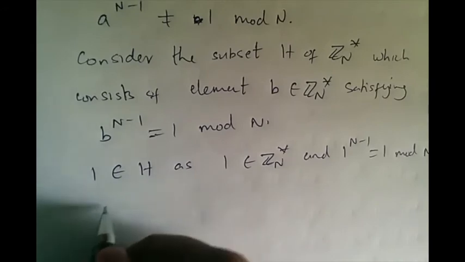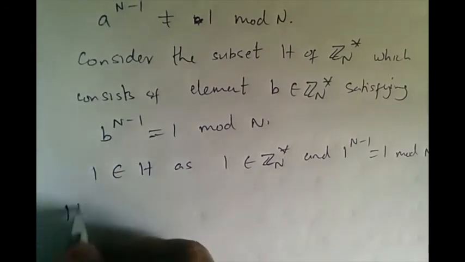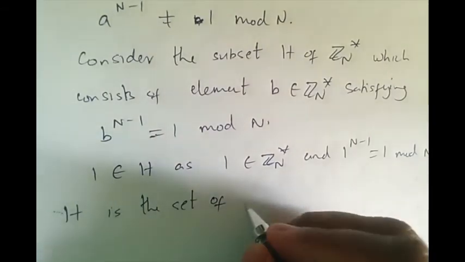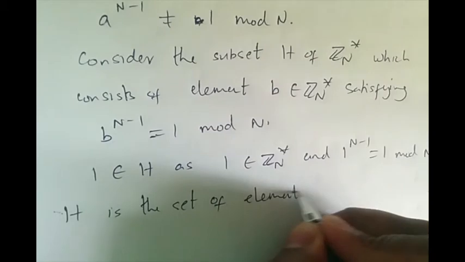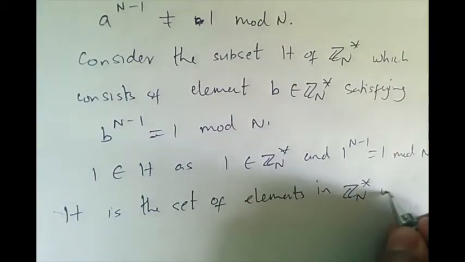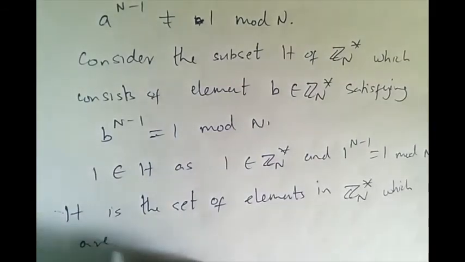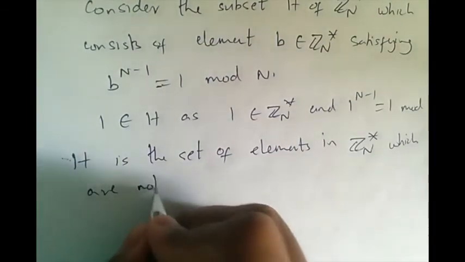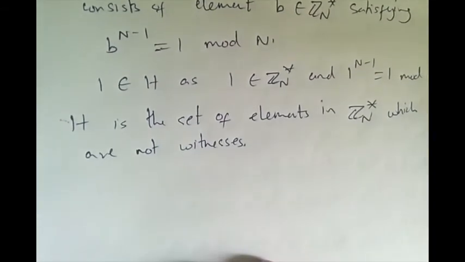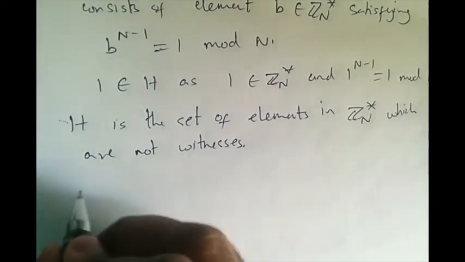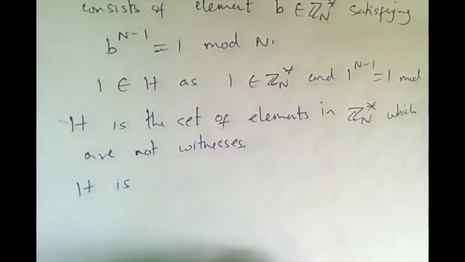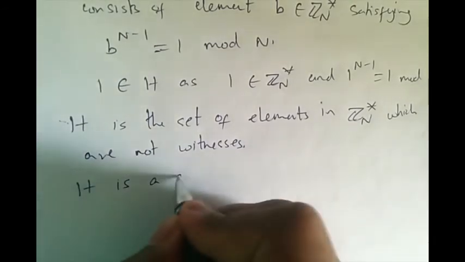So H is the set of non-witnesses. So it turns out that H is a subgroup of Zn star.